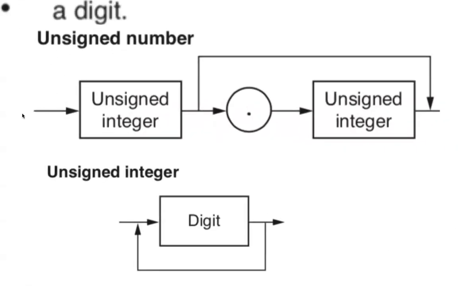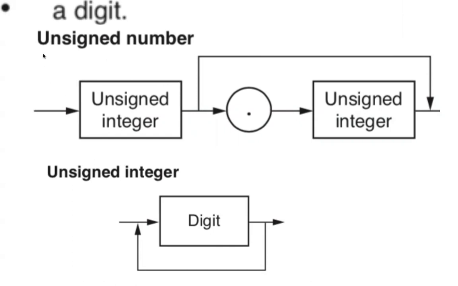An unsigned number has to start with an unsigned integer. So what is an unsigned integer? Obviously, there has to be a definition of what is considered an unsigned integer, because this here is a non-terminal.